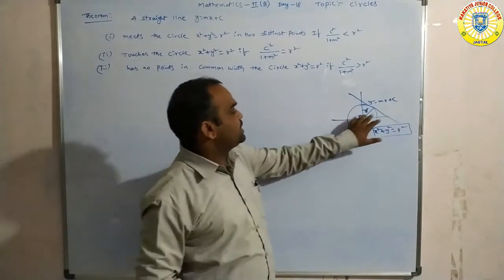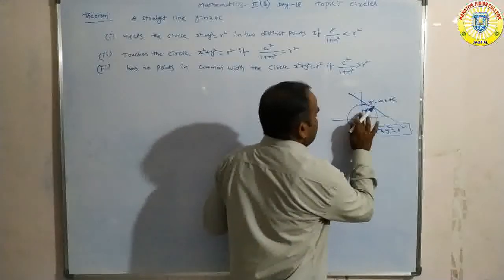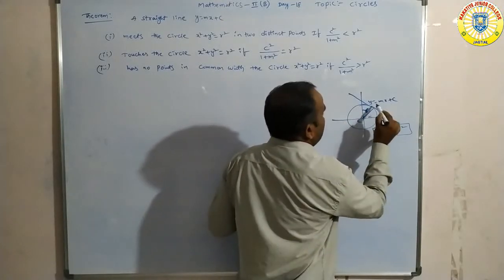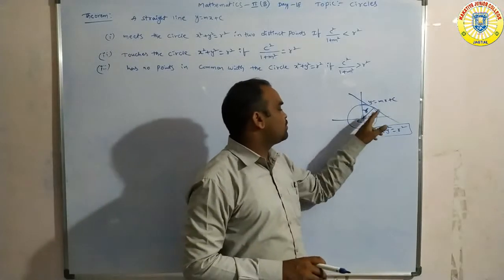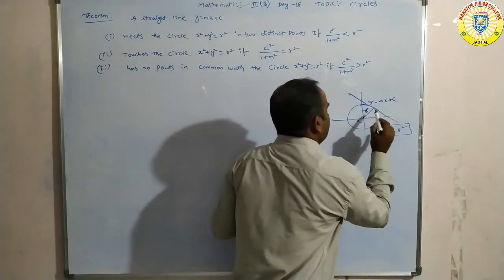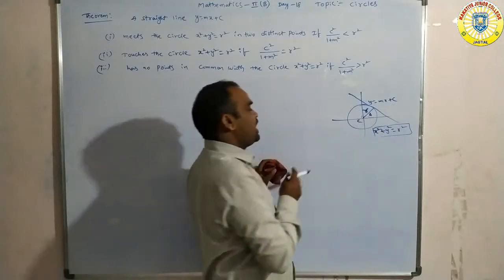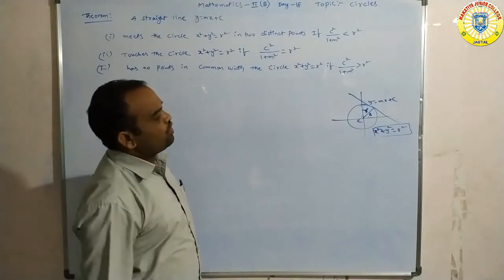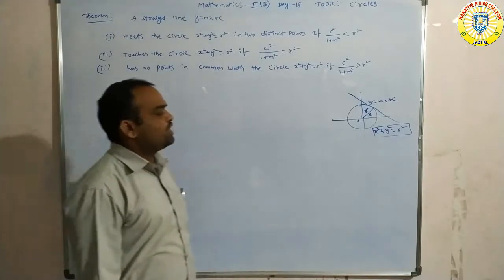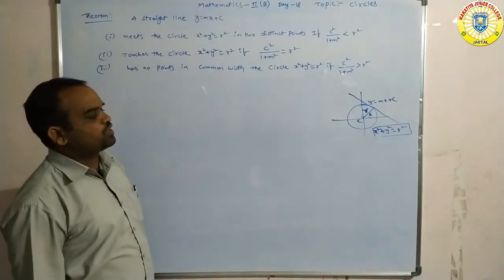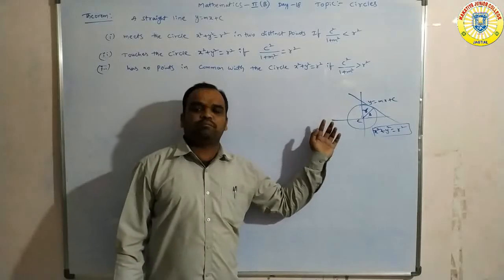Here the line meets the circle. The distance from the center to the line y equals mx plus c is D, and R is the radius. If D is equal to R, the line y equals mx plus c meets only one point on the circle.